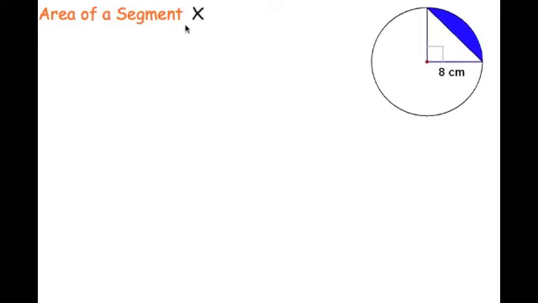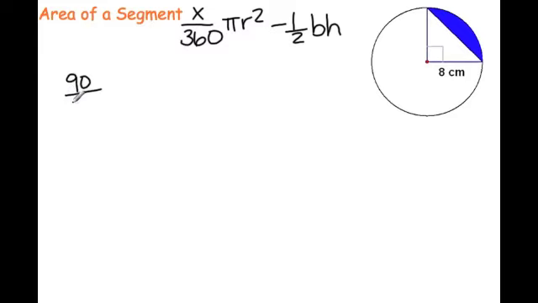So for the area of a segment, we find the area of the sector minus the area of the triangle. Now what we're going to notice from this formula is that one term has pi in it, the other one doesn't, so you're not going to be able to combine them. So for the area of the sector, it's going to be 90 over 360, that's the central angle, times pi times 8 squared, minus 1/2 times base times height, which are both going to be 8.